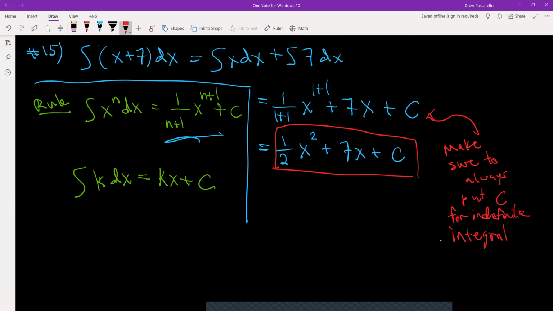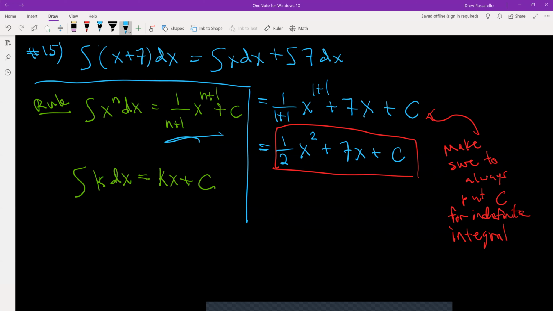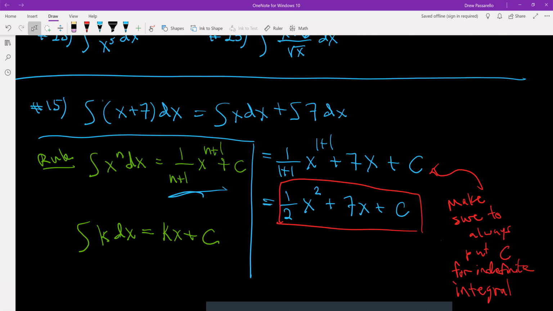All right, so the next one, number 17. Normally I've been decomposing it as the integral of x dx plus the integral of 7 dx.